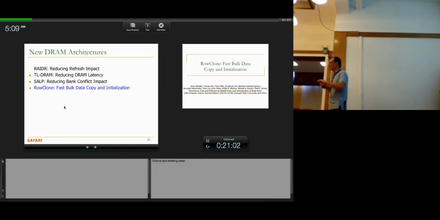Just to give you an example of a similar approach, yesterday we discussed the idea of tiered latency DRAM, right? We created a portion that's fast within DRAM. And that was actually made out of DRAM chips. We added an isolation transistor that has 3% area overhead.